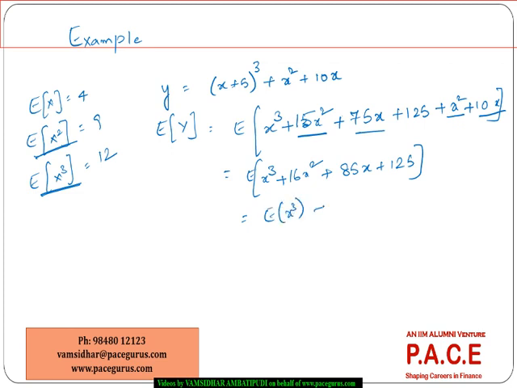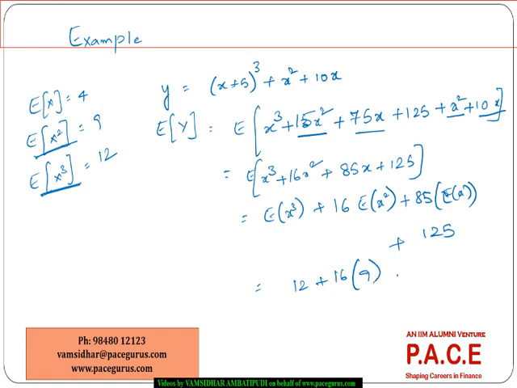Because it is additive, I'll make it separate. Expected value of x cube plus 16 times expected value of x squared plus 85 times expected value of x plus expected value of a constant, which is always the constant. So expected value of x cube is 12, plus 16 times expected value of x squared, which is 9, plus 85 times expected value of x, which is 4, plus 125.